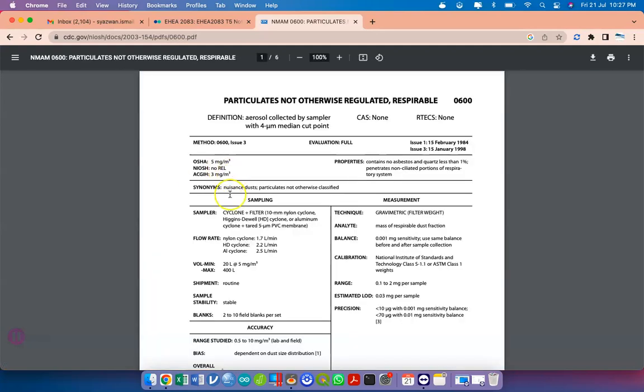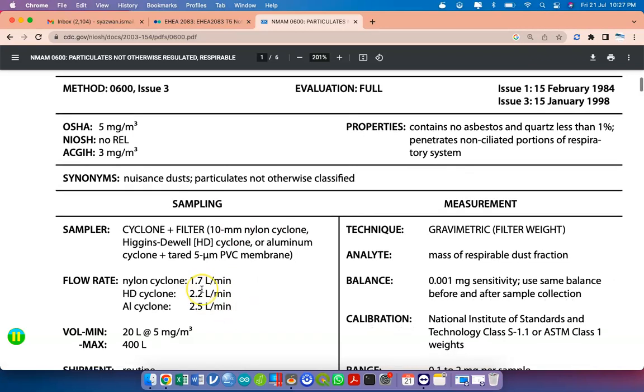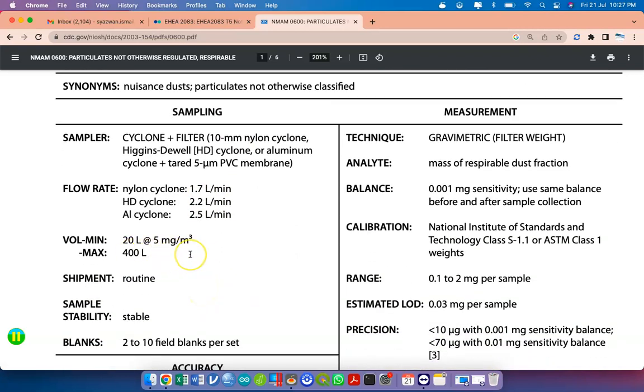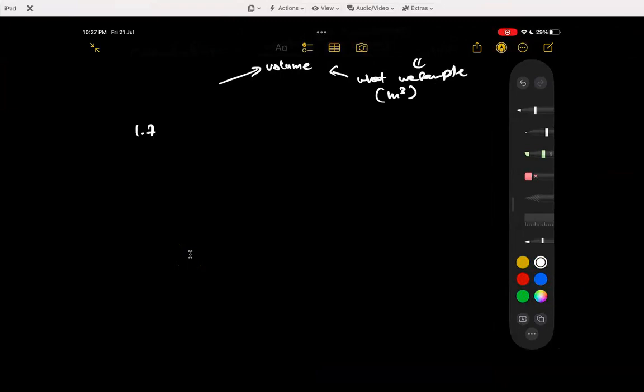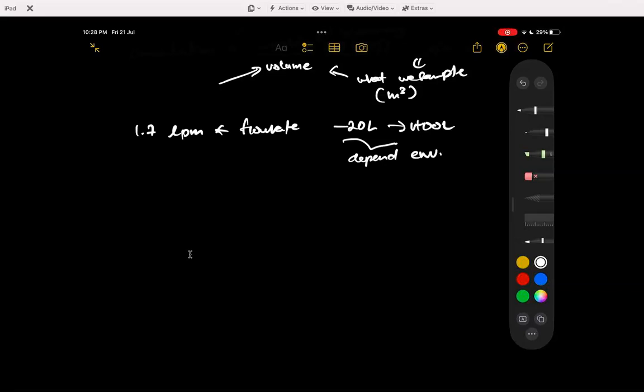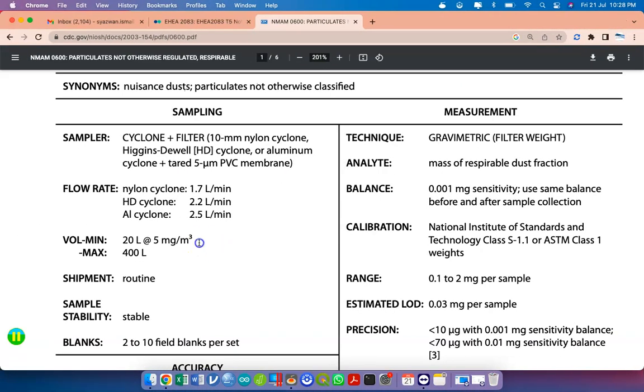The flow rate is 1.7 liters per minute, the minimum sample volume is 20 liters, and the maximum is 400 liters. How many samples we need to take, or how long the pump should be operated, depends on our environmental assessment strategies.